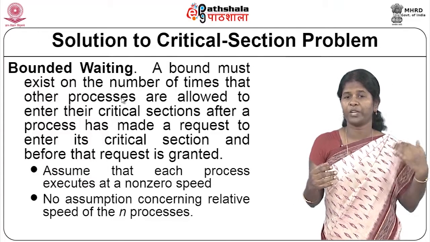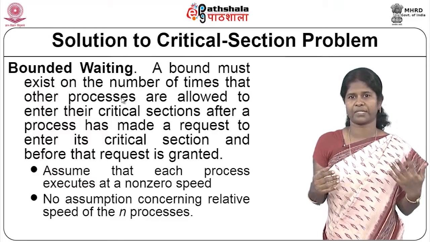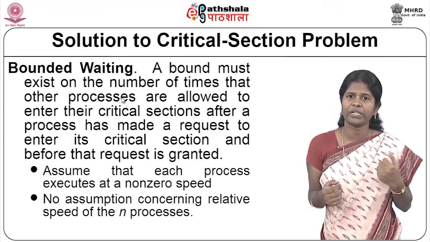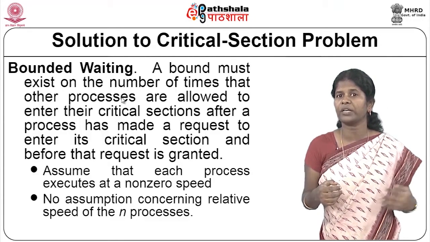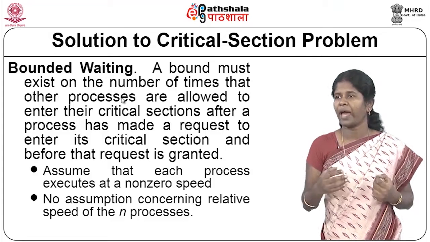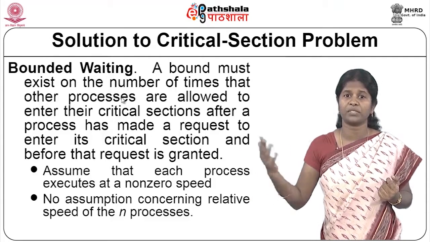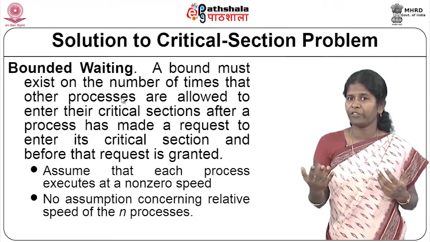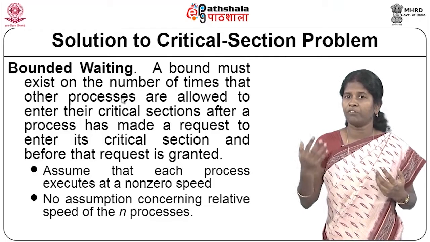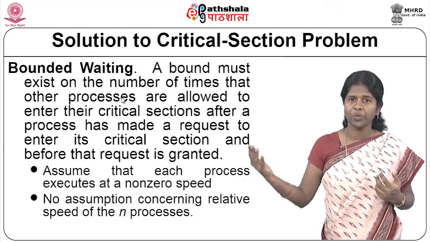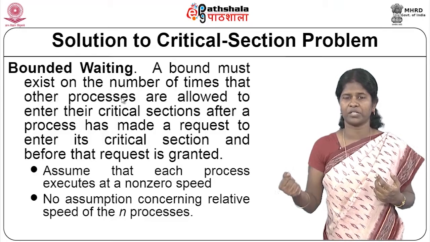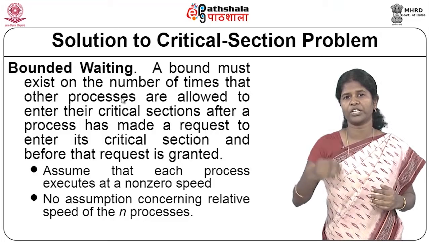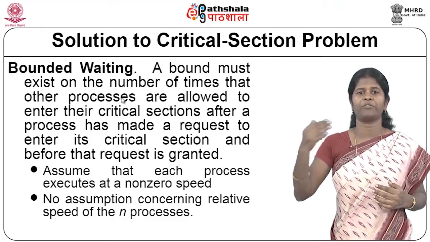Just because one process got the system and was allowed to enter once, it should not be allowed to enter many times. P2 and P3 should not be made to wait for a long time. The time they wait after requesting should be bounded, or there should be a limit for which P2 and P3 wait before entering the critical section.